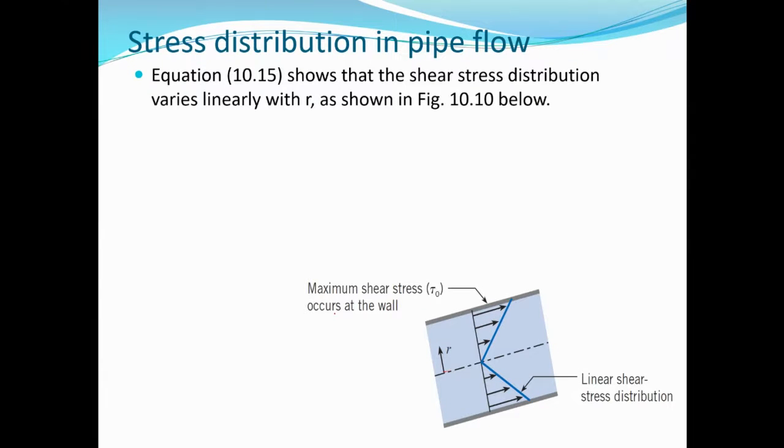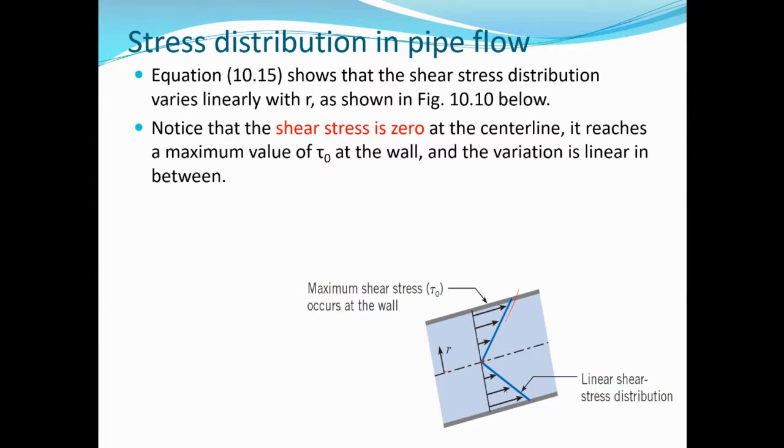It is maximum at the wall, and minimum at the center line, and there is a linear increment. So that's why you can see here it increases this way and that way, because as it moves closer to the wall, it increases, due to the boundary, because the boundary layer increases towards the wall, where you have the viscous effect to be greatest.